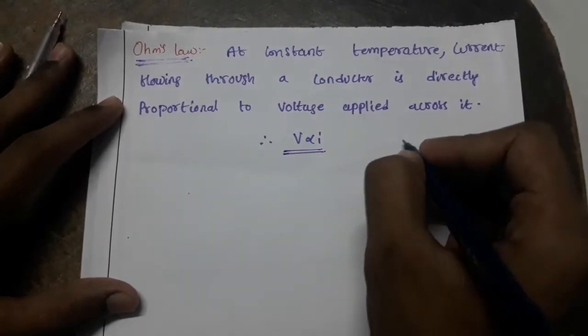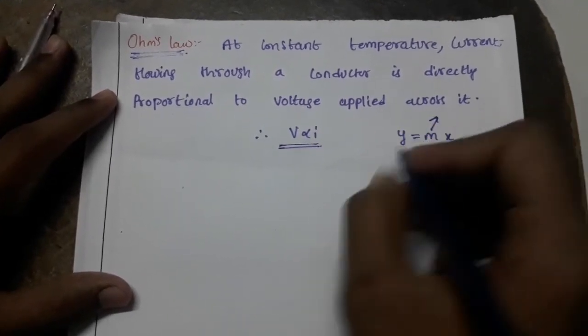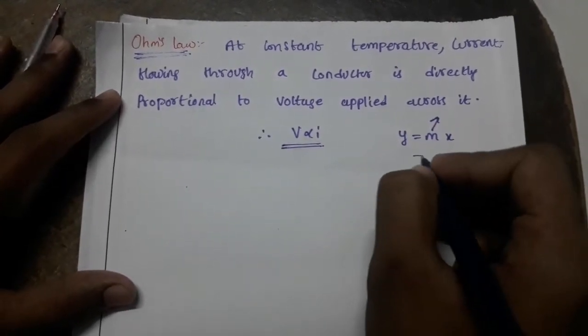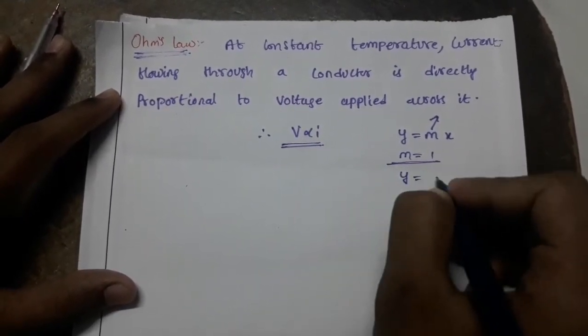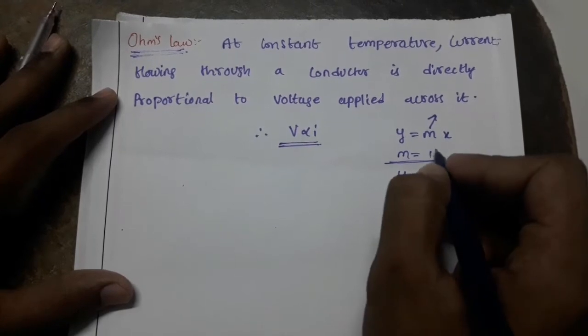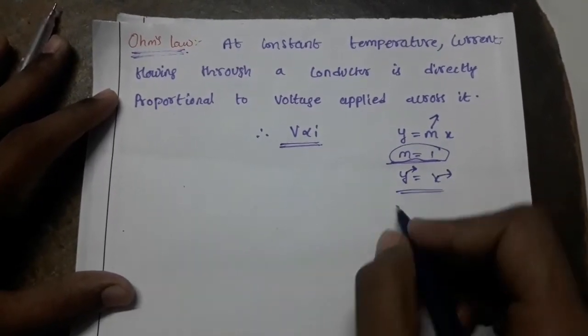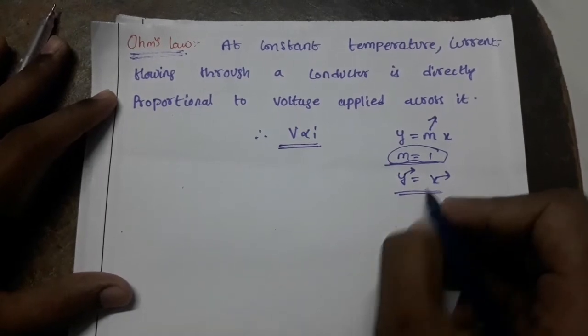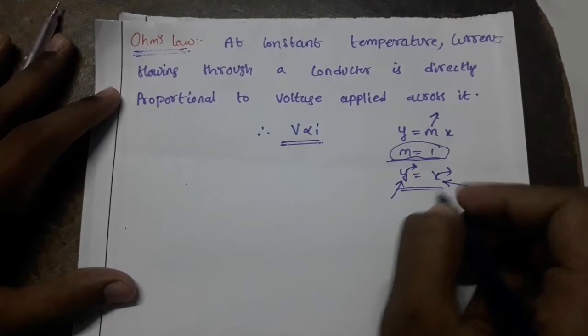This is because we know y equals mx, where m defines the slope. If I take m equal to 1, then y equals x. That is, m is always constant, whereas y and x are variables. For getting the value of y, we substitute the x value.